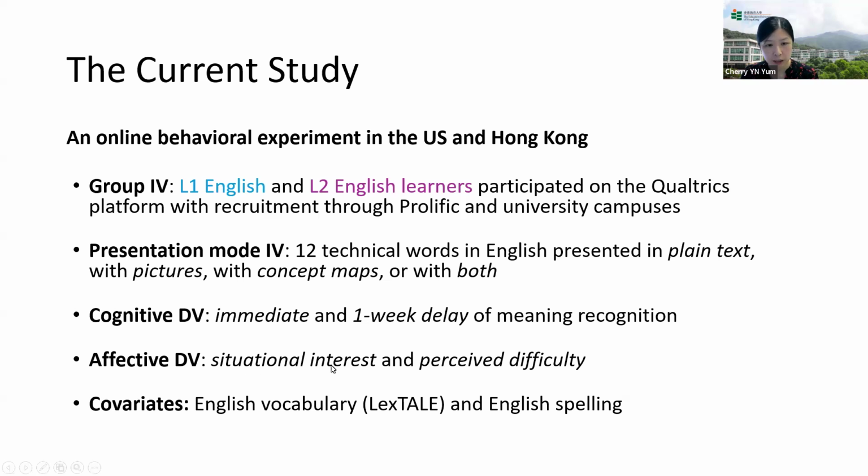And for affective dependent variables, we measure self-ratings on situational interest and perceived difficulty of learning the concept. And because learning new words is very dependent on existing language abilities and levels, we include 2 covariates, the English vocabulary test by using Lextale, and also an English spelling test.